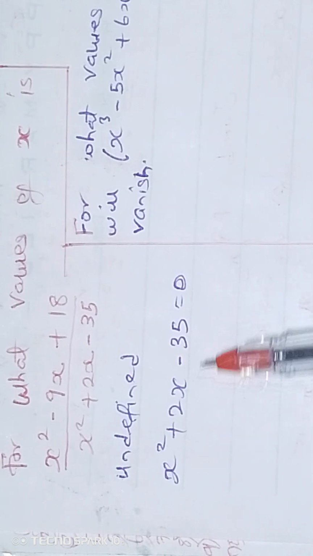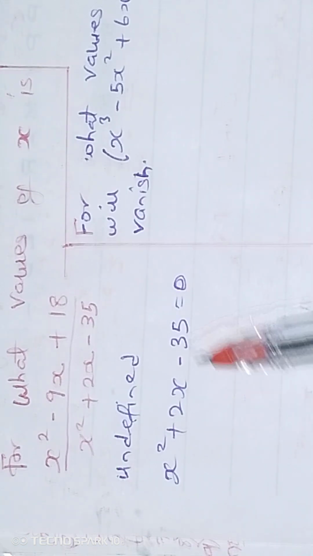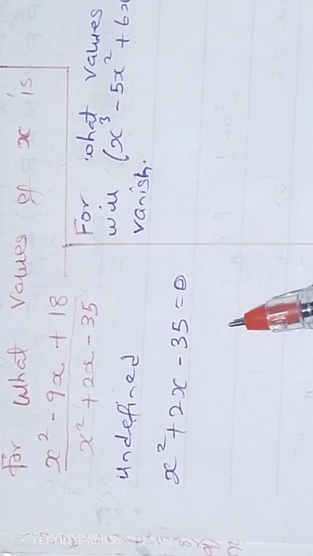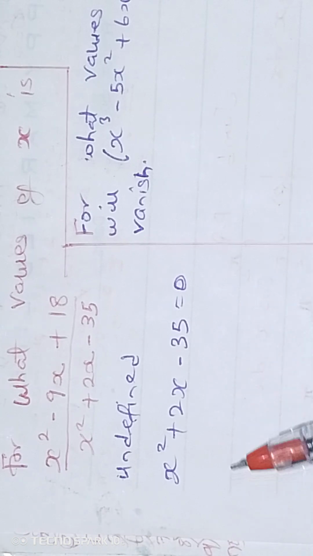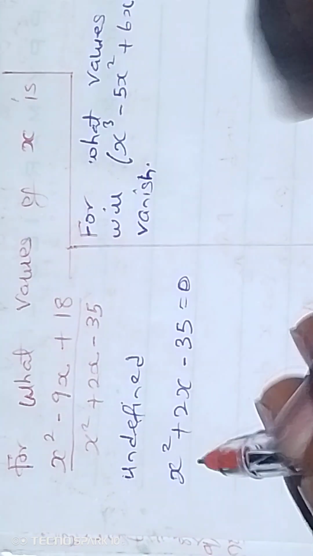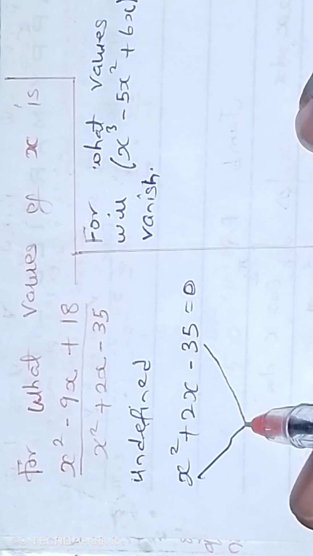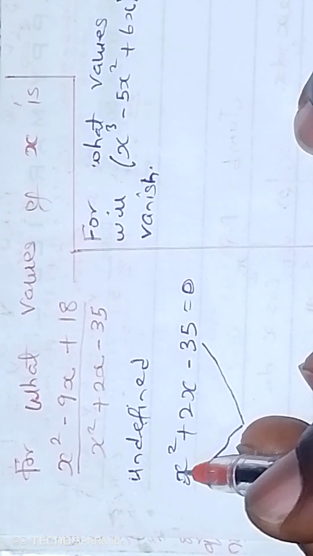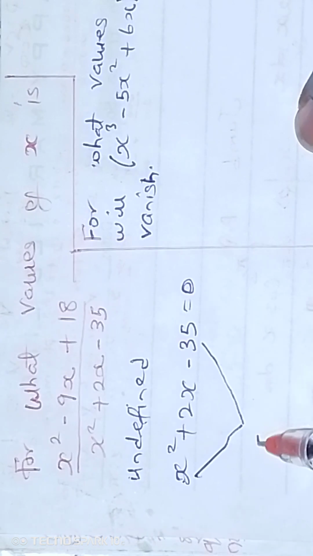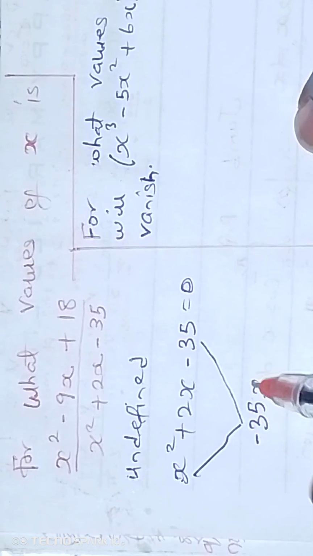So let's go ahead with our quadratic equation knowledge. Here I will be using the factorization method. For the factorization method, let's first multiply the x squared here by minus 35. That will give us minus 35x squared.